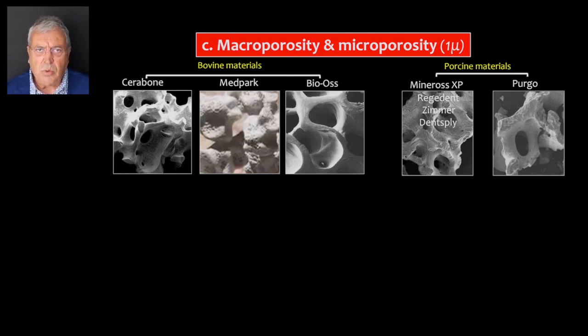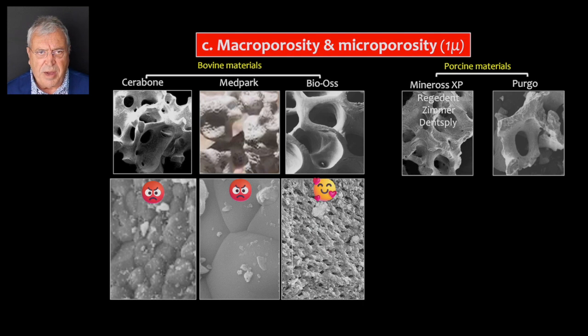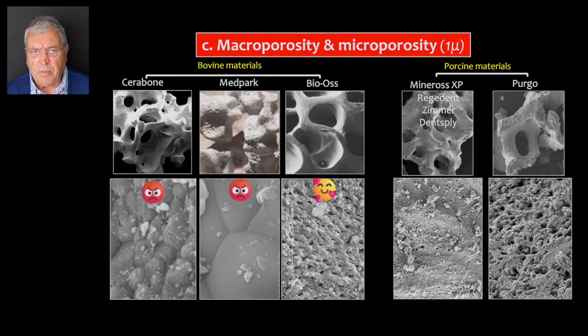But let's go to the microporosity, which is around 1 micron. We have 3 bovine materials, and we see that 2 of the 3 lost the micropores. In the porcine, we have the same. 1 lost the micropores, and 1 still has all micropores. But why is the stability of the micropores not met?